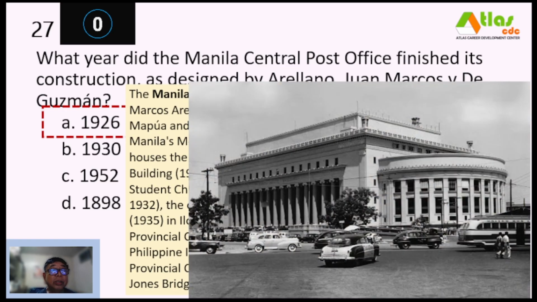So ito yung Manila Central Post Office na nasunog recently, no?